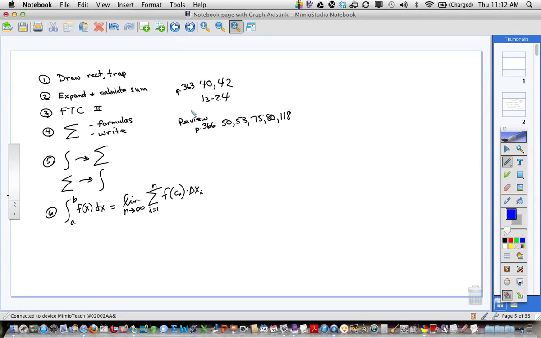Those 5 problems there would have to do with sigmas and integrals and so forth. All right. Those could be some extra ones if you wanted a little bit extra to look at. Okay?